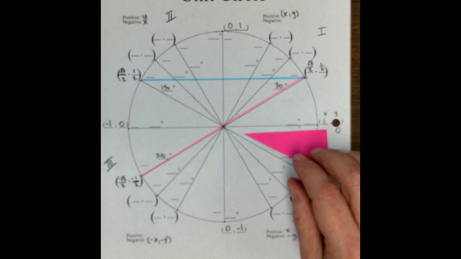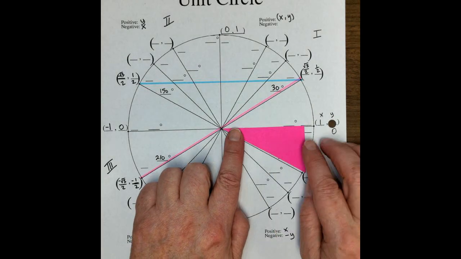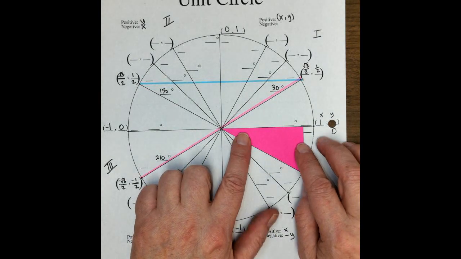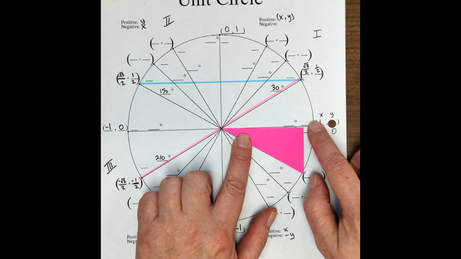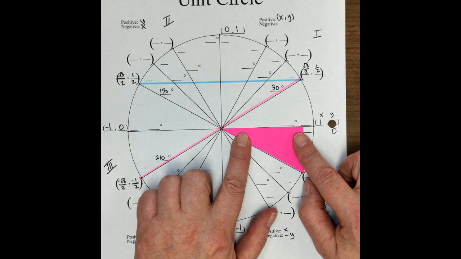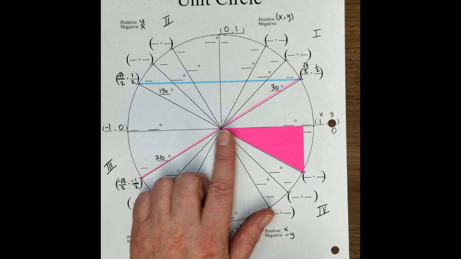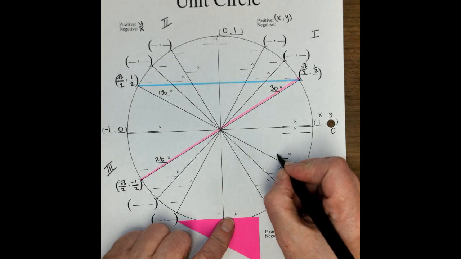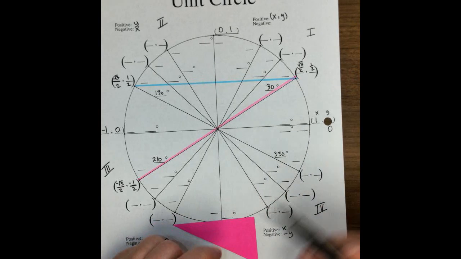And then finally we're going to flip it over and we're going to look at this 30 degrees. Again, this is still 30, but this is 360. So I have to take 360 minus 30, which gives me 330. So this guy here is 330 degrees.